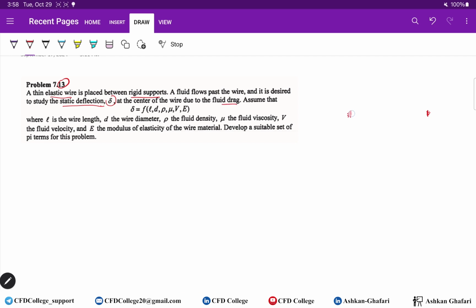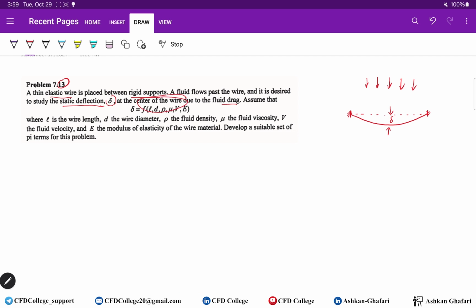So this would be the wire. Here we have this fluid flow. So if this is the wire, this should be the delta, the deflection at the center of the wire, and we want to study it.